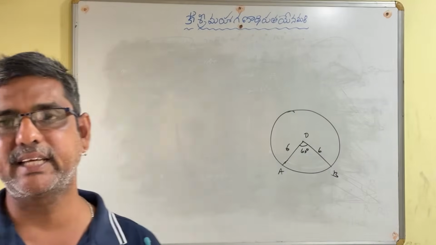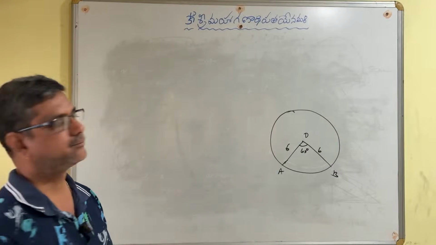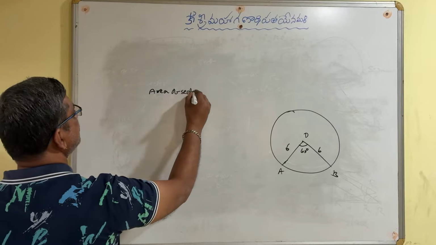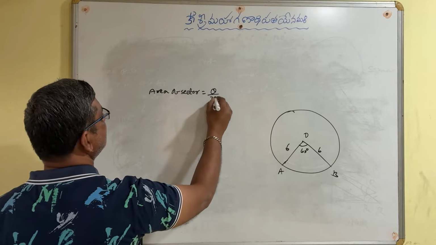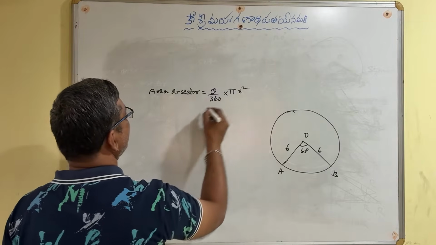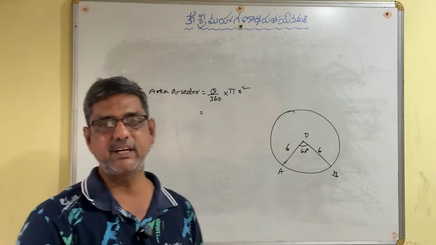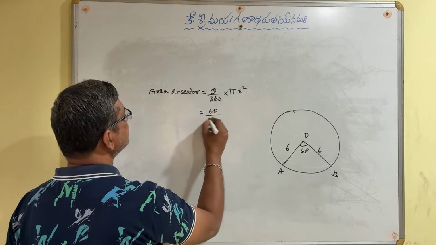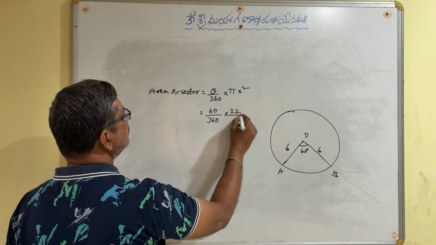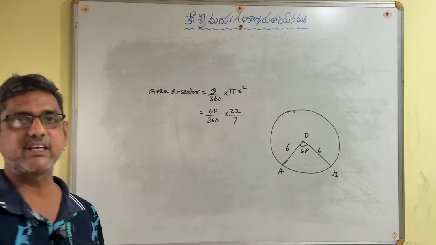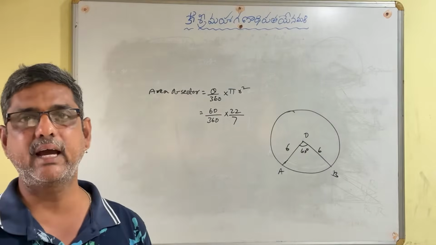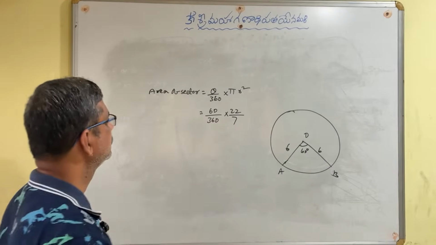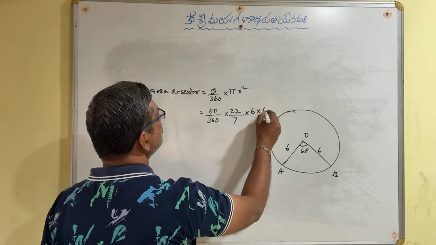We need to find the area of the sector. The area of a sector is theta by 360 into pi r square. Theta is given, 60 degrees. So 60 by 360 into pi value 22 by 7, unless it is given, we have to use pi value 22 by 7, into 6 into 6.